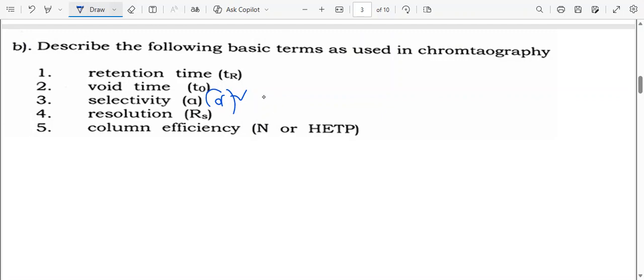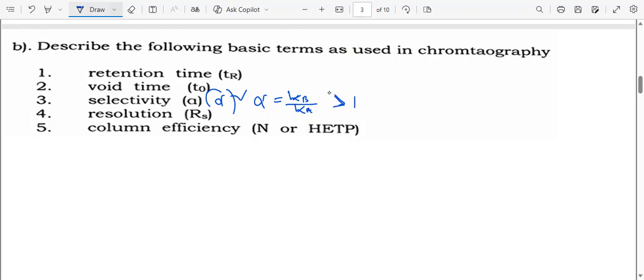It's given as alpha, equal to the factor of the compound with the biggest value, let's say B, over A. We always want this to be greater than 1. So it tells us how well two compounds can be separated by this ratio.